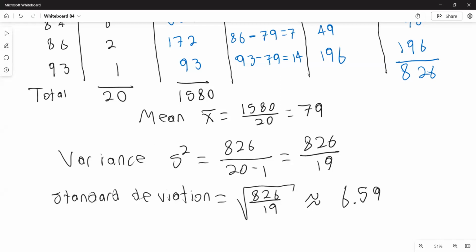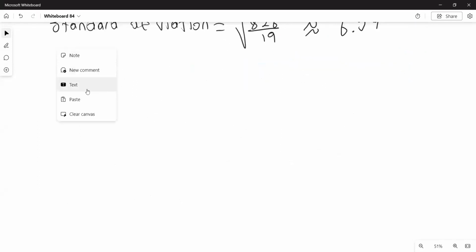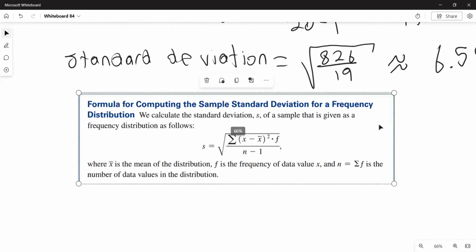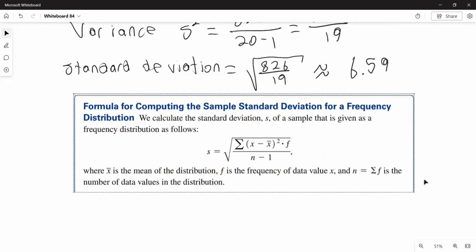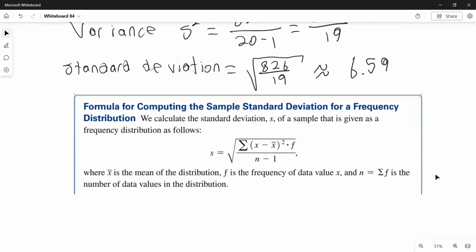Okay, so in general, I could have given you the formula, but to me, it's going to be easier if I show you an example rather than just giving you a formula with a bunch of symbols or a bunch of letters. That's on page 752.